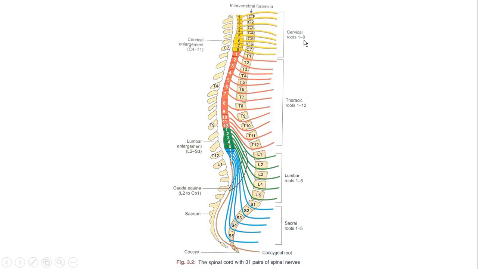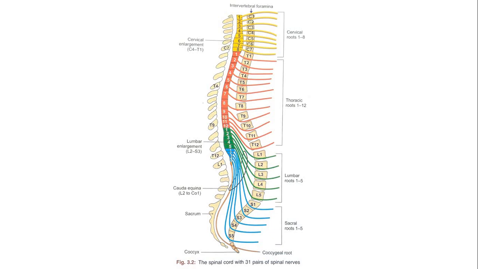The C8 spinal segment is present here. Similarly, in case of the upper thoracic vertebra, at the T4 level, you have to add 2, that is 4 plus 2. So here the C6 segment is present. And in case of lower thoracic, you have to add 3.